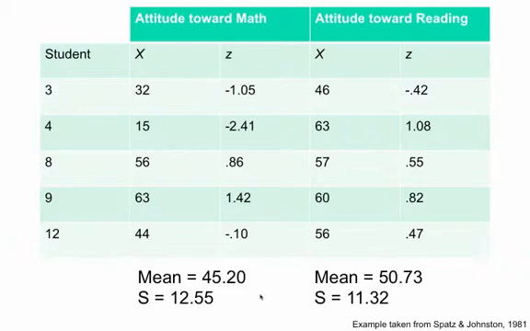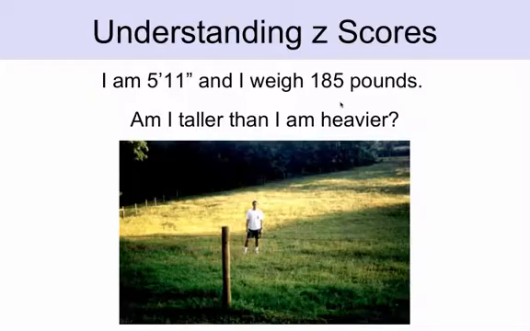And remember, when you have z-scores, you can, of course, compare 2 scores within a distribution. So, for example, students 3 and 12 had raw scores of 46 and 56, respectively, on attitudes toward reading. Their z-scores show student 3's attitude to be 0.42 below the mean, and student 12's attitude to be 0.47 above the mean.